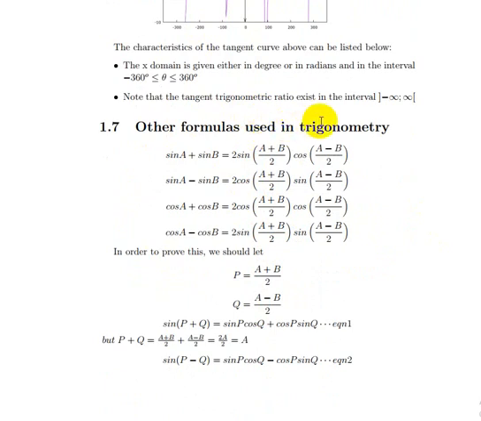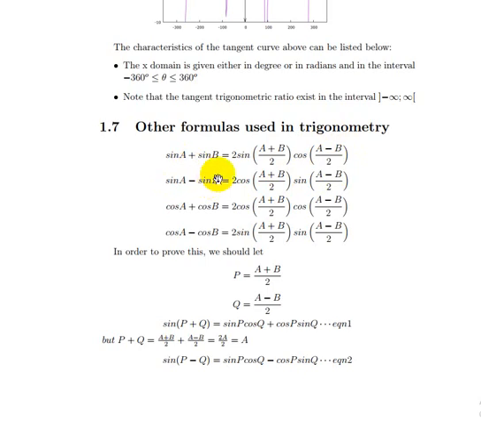Other formulas used in trigonometry. We've seen the first formula above. The next formulas, which are very good and used in trigonometry, are the sum and difference of sines and cosines. We first need to memorize these formulas. Sine A plus sine B equals 2 sine of (A plus B) all over 2, cos of (A minus B) all over 2.